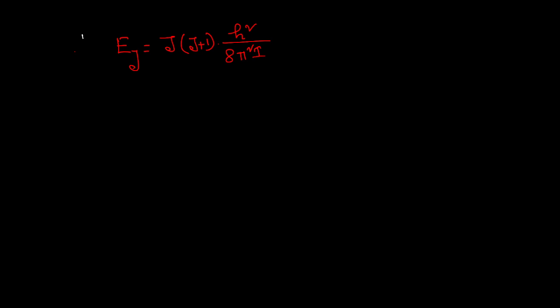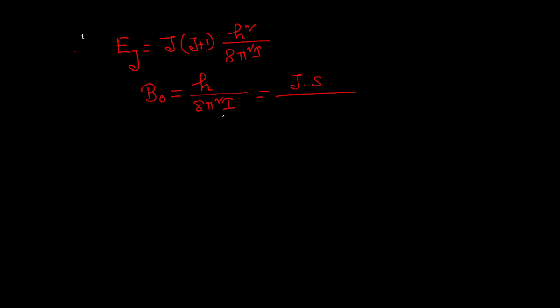Now this value should be predicted in Hertz. Hertz means frequency, not centimeter inverse. B0 is h divided by 8 pi square I, in Hertz units. If we decode the units, 8 pi square has no unit.